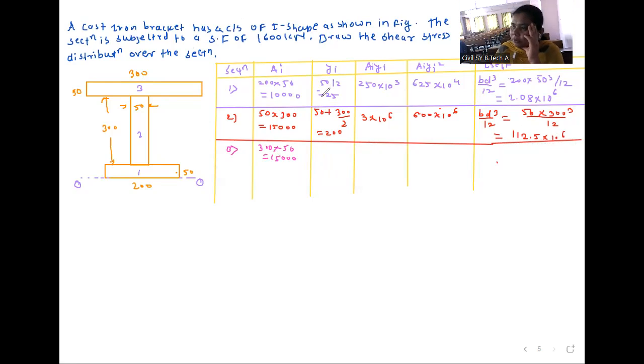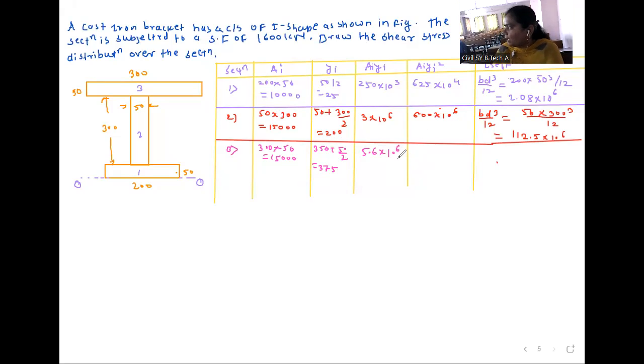After that, you have to calculate yi from this base. So 50 plus 300 plus 50 by 2, that is 350 plus 25. So 375. Then ai yi is 5.6 into 10 raised to 6.